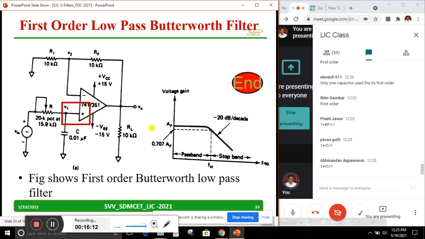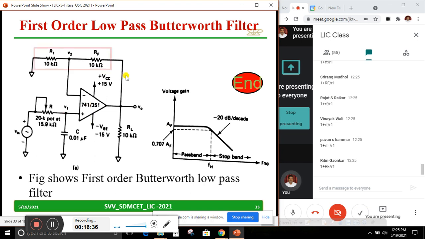Thank you. Ritin, Gaonkar, Pavan, Preeti, Abhinandan, Shreya, all are typing 1 plus RF by R1. Manjunath, Pooja, Rakshita, Sita, all are typing 1 plus RF by R1. Very good. Siddhartha, Sahana, Sriranga, Rajat, Vinayak, all are typing the answers.